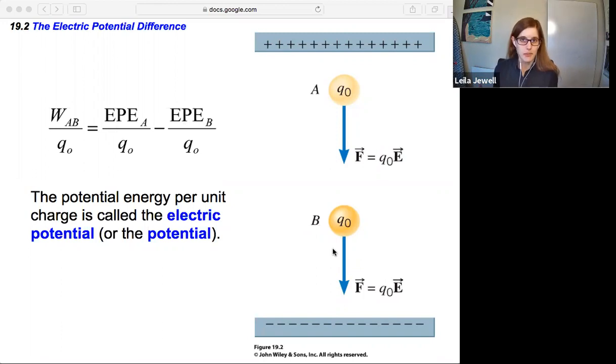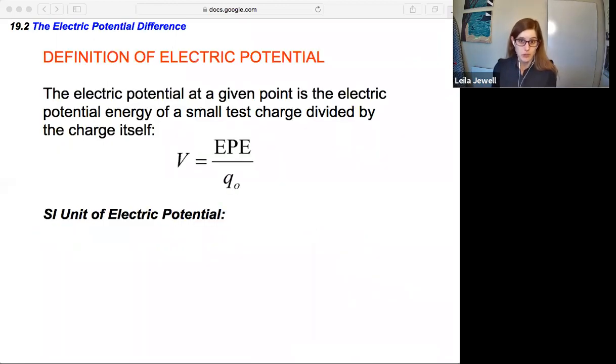The electric can sometimes be dropped. So this is our definition of electric potential: the electric potential at a given point is the electric potential energy of a small test charge divided by that test charge itself.